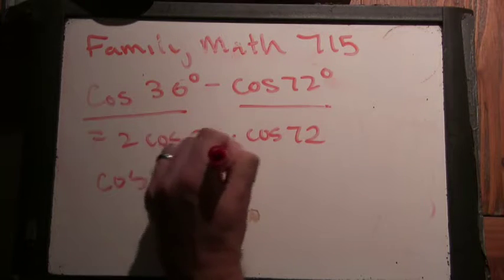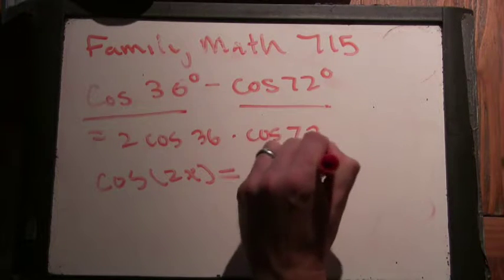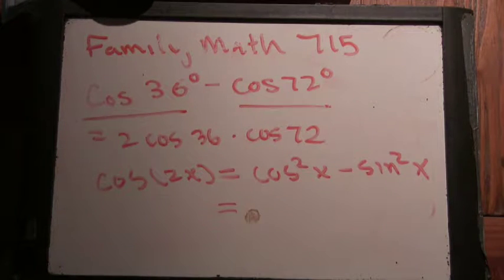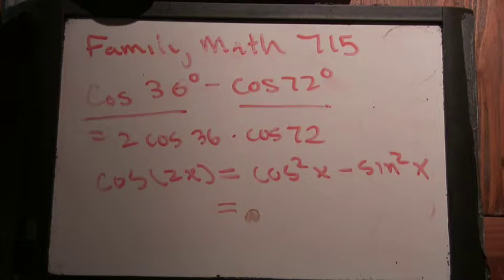Cosine of 2x equals what? It's cosine squared x minus sine squared x. And there's another form of this that keeps it just in cosines. I do not remember that. Okay. Well, how can I turn a sine squared into something that just has a cosine?